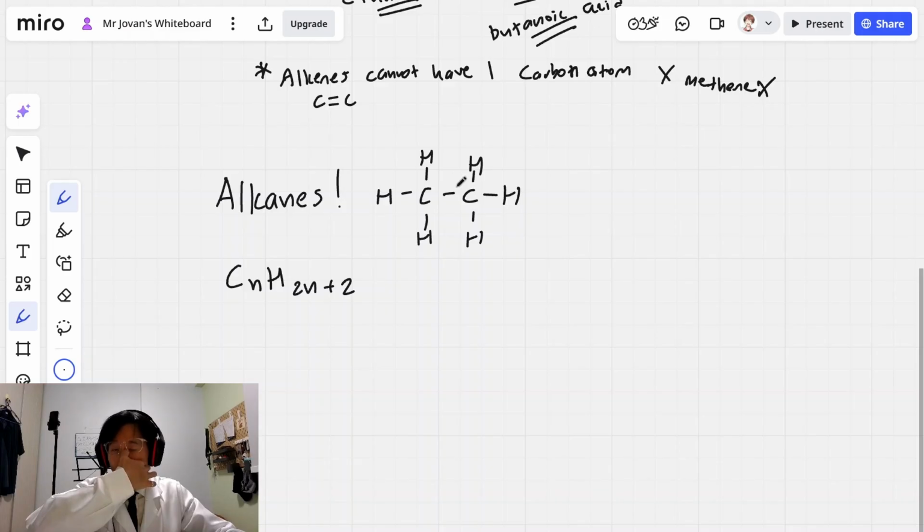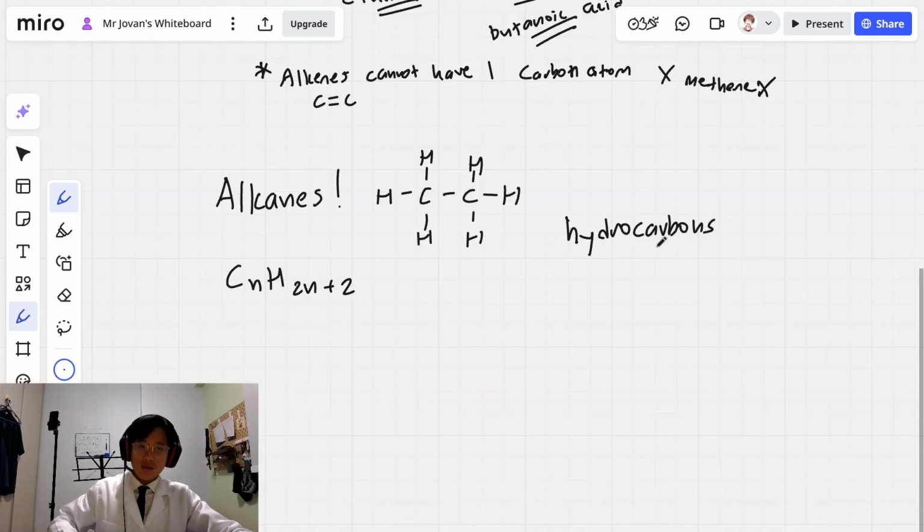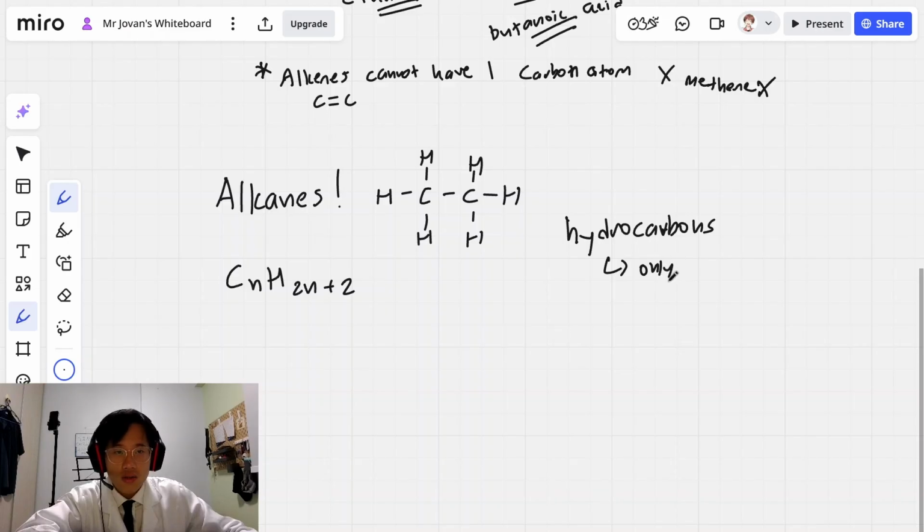So instead of remembering this general formula, you can just know that in alkanes, every carbon atom is bonded to either another carbon or hydrogens. There's a term for this. It's called hydrocarbons. What are hydrocarbons? I think you can guess. Hydrocarbons are literally only made up of hydrogen and carbon atoms.